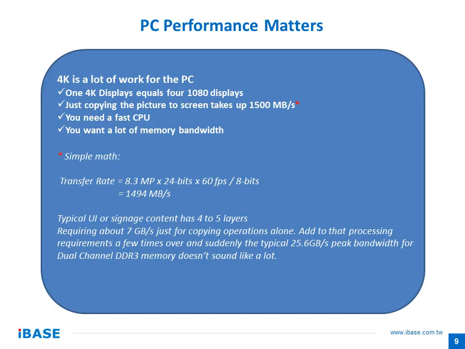Now, another thing is that we want to be totally honest about this. And that is that PC performance matters. All computers are not created equal. If you plan on doing 4K content, you need the same kind of performance that is equivalent to a player that can successfully drive 4 1080p screens.